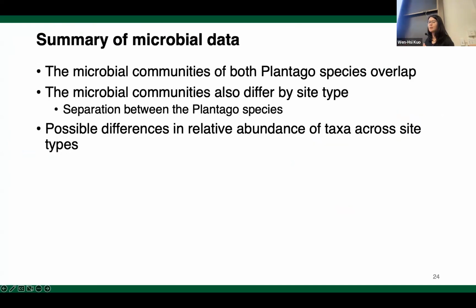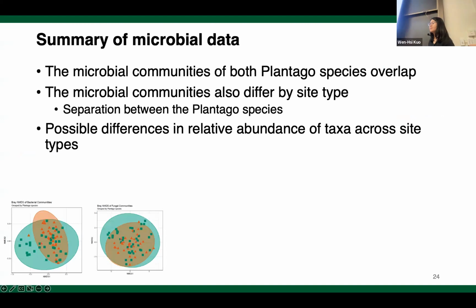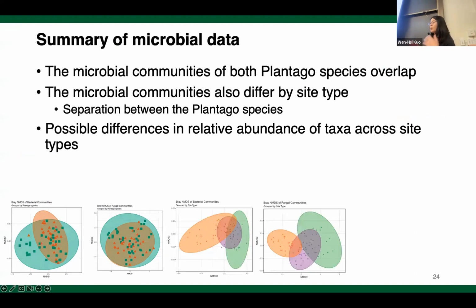And so to summarize the microbial data I've shown you so far, we saw that the microbial communities of both Plantago species overlap, with the Plantago major kind of being nested within the Plantago lanceolata microbiome. We saw that the microbial communities also differ between site type, and that when you further separate them out by Plantago species, they still cluster by site type, but there's still a degree of separation between Plantago species.